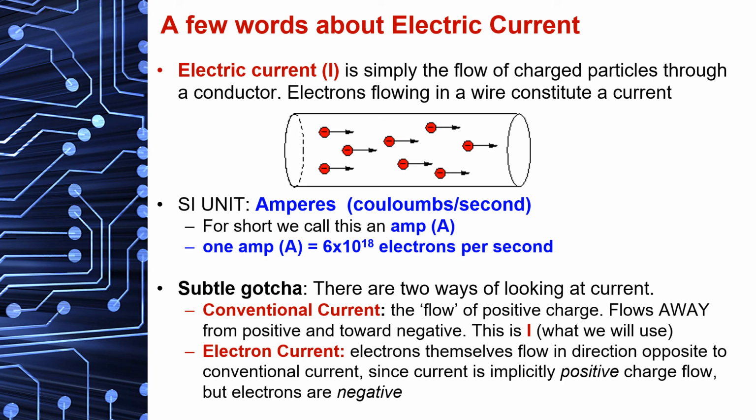We are going to talk about conventional current. I just want you to be aware of electron current, especially if you get into engineering and stuff like that, or further on into physics, you will switch over in many cases to using electron current. For us, we're going to use conventional current, and this is the big thing to remember. Current flows away from the positive toward the negative.